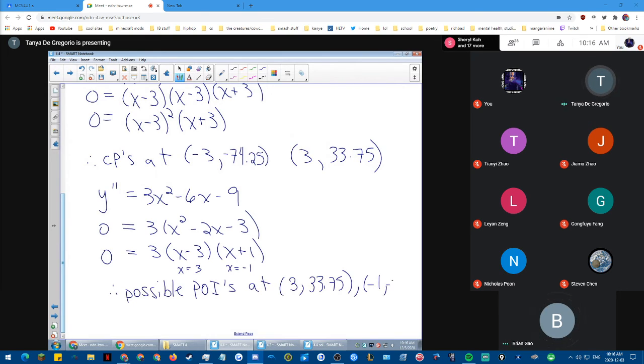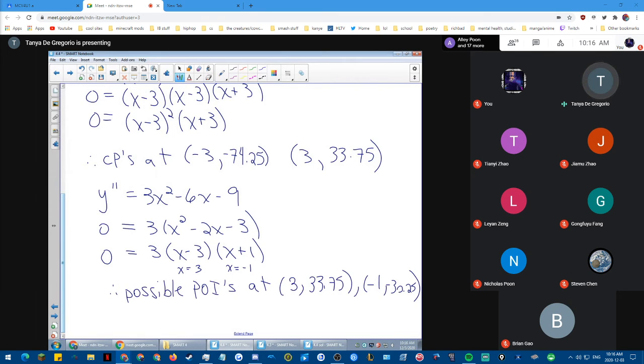Good. So do you see here, this is an example where the critical point most likely is going to come out to be a point of inflection. Now the question doesn't ask us to find out whether it's a max or min, so I don't have to, and it doesn't ask me to confirm that they are POIs either. It just asks for possible points of inflection.